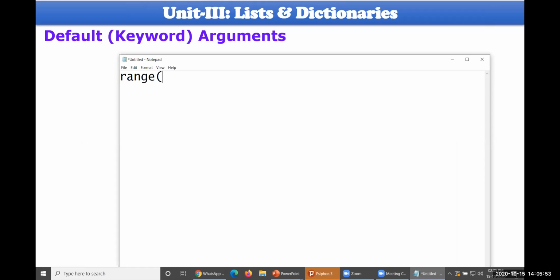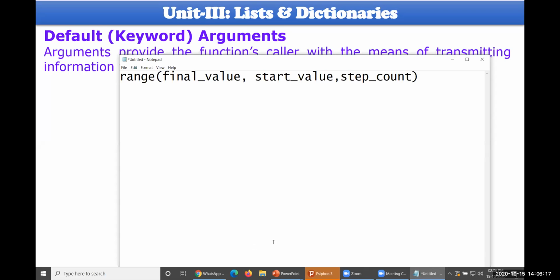First one is the final value, and second one is the starting value, and third one is the step count. Actually, these three parameters are there in the range function. This particular function has been used by us for our convenience in the previous classes.